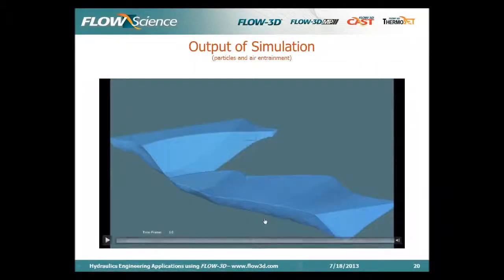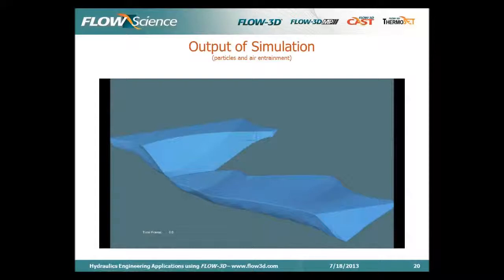Okay, and this is a similar simulation. In this case, the sluice gates remain closed and the water discharged through the spillway. This one included air entrainment and particle tracking, which is why I put it here too. So you can see the flow's three-dimensional behavior in great detail.